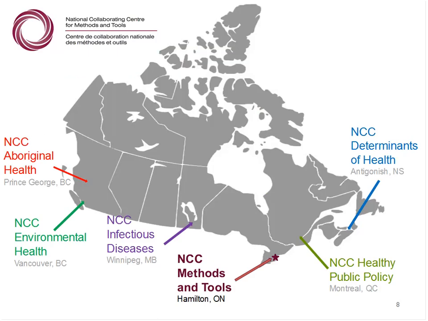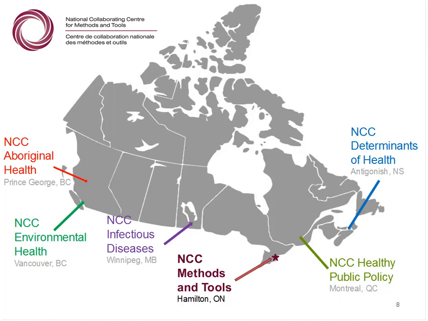A bit about the National Collaborating Center for Methods and Tools. For those of you who may not be familiar with us, we are part of the National Collaborating Centers for Public Health, which is dispersed throughout the country with 6 national collaborating centers. Here at the National Collaborating Center for Methods and Tools, or NCCMT, we are located at McMaster University in Hamilton, Ontario.